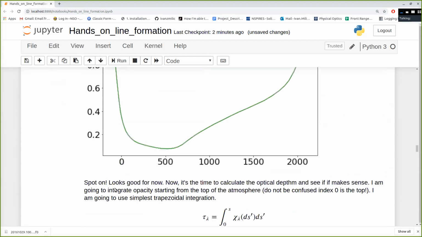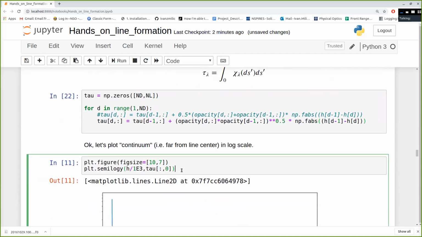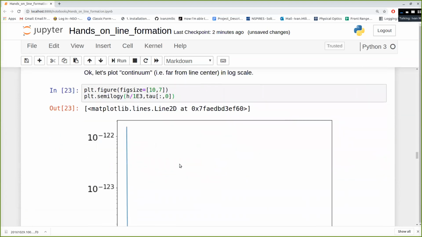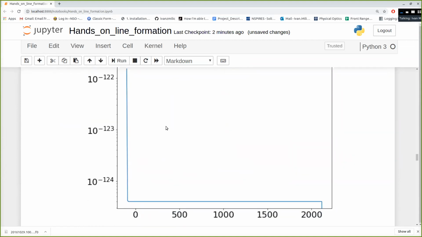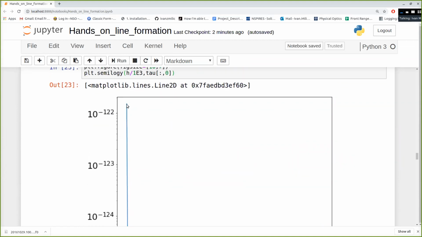And a very important thing is that the optical depth there is still very, very, very small, okay?